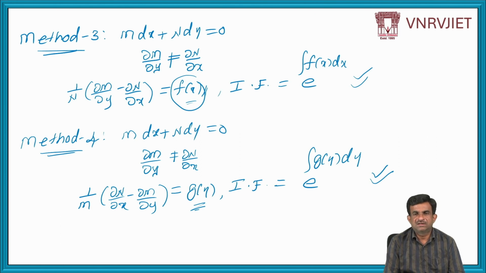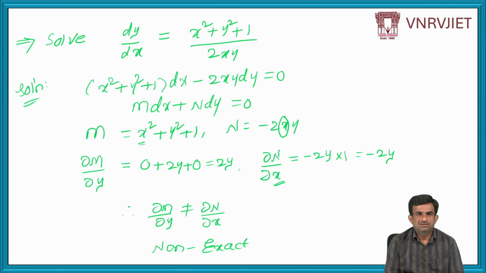Then the integrating factor is e power integration of g of y dy. To decide between method 3 or method 4, we roughly have to check these two conditions, whether 1 by n times the difference is a function of x, or 1 by m times the difference is a function of y. If any one of these conditions is satisfied, then we apply the respective integrating factor formula. Of these four methods, in this class I have discussed method 3 and method 4.